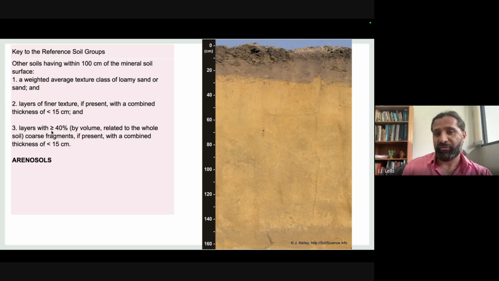So if I register eventually some pieces of rock, gravels, these layers should have less than 15 centimeters combined, okay? So we are basically talking about a soil that expresses sandy textures, probably very, very low CEC, and a high water conductivity because of the dominance of sand in this soil. Finer layers or layers with coarse fragments like gravels should be quite thin.